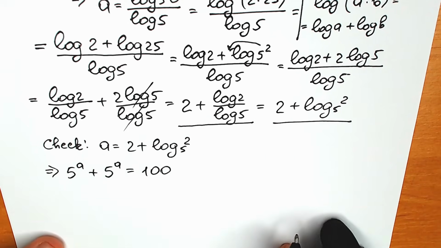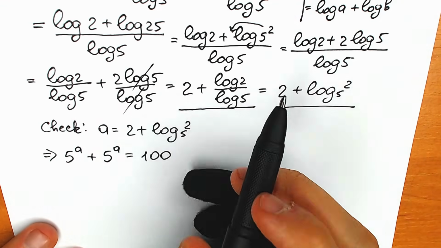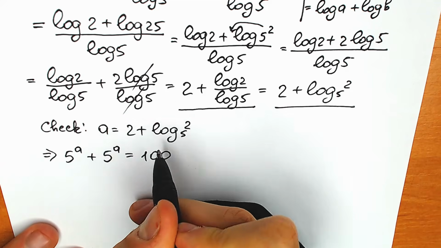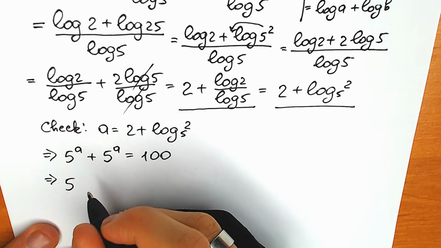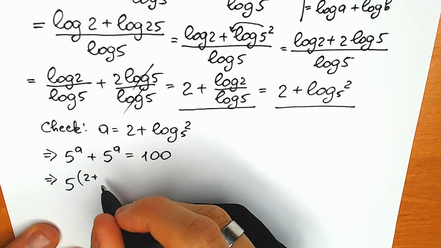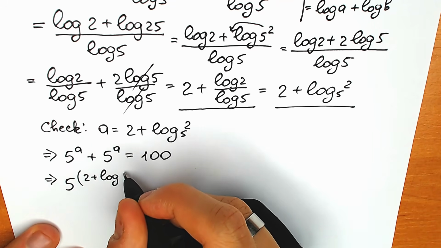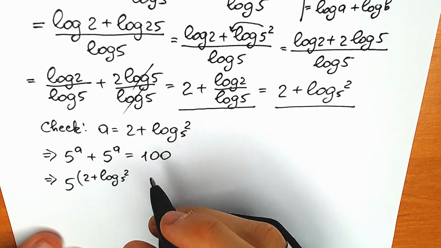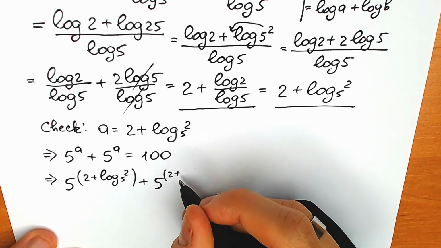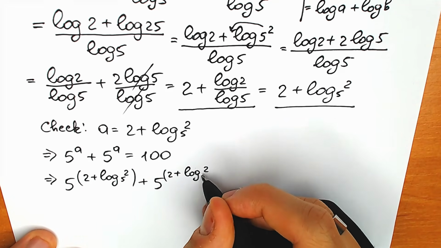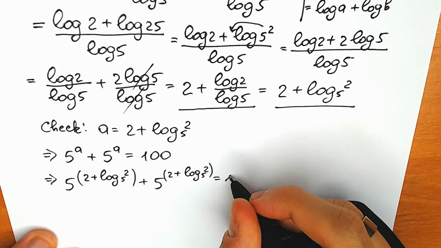So let's check our root real quick. And in a few seconds you will understand why I choose this expression, not this one, but this one. Okay, let's do it. So we have 5 to the power a, where a equals 2 plus log 2 base 5, and we have plus 5 to the power 2 plus log 2 base 5 equal to 100.